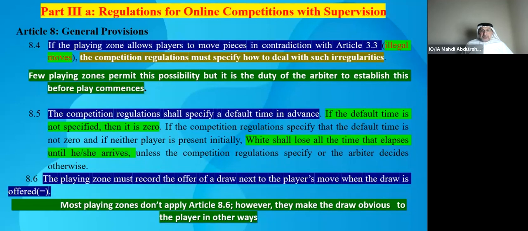Most playing zones don't apply Article 8. However, they make the draw offer obvious to the player in other ways. So sometimes agreement to a draw can be by agreement. If you use the regulation that at least 1 move must be played by both players, then you can go for an agreement of draw. But if you didn't mention it in your regulation, it can be a draw automatically.